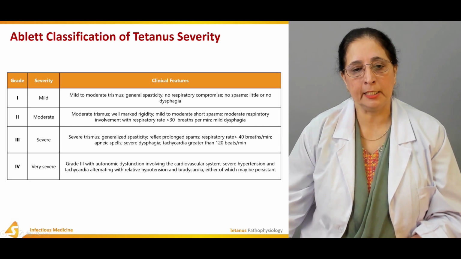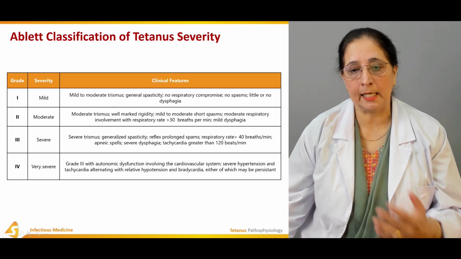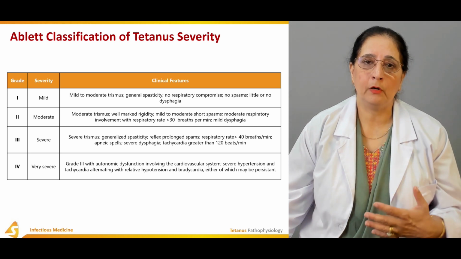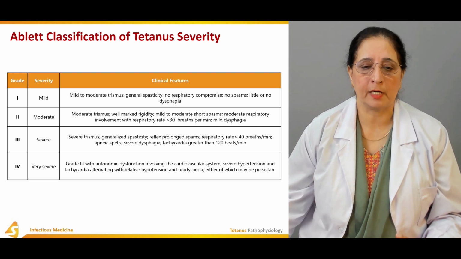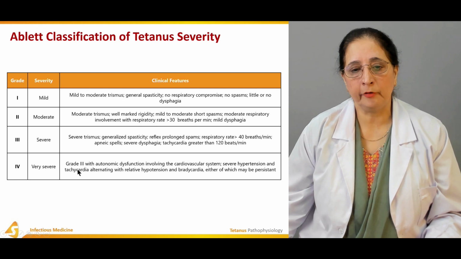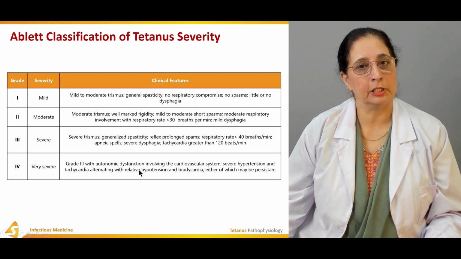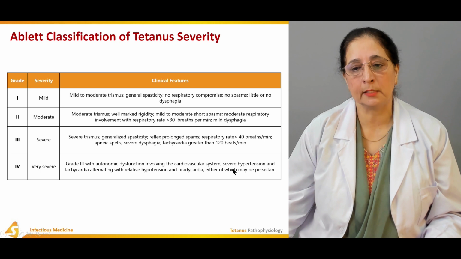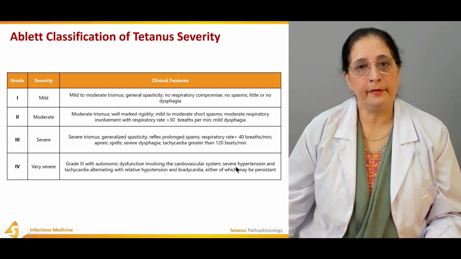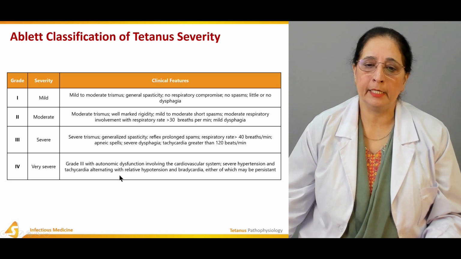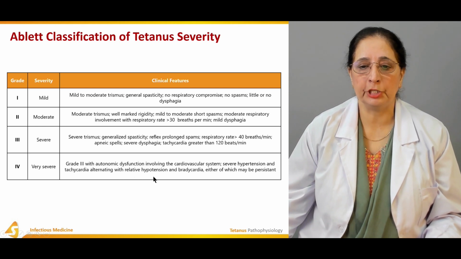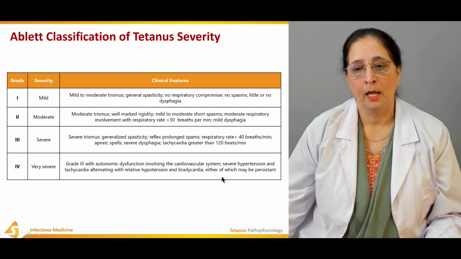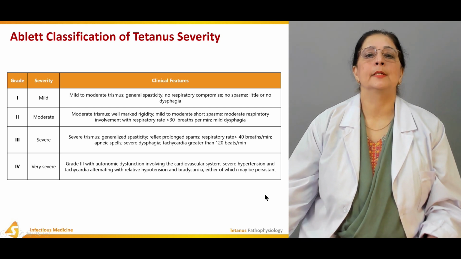The fourth stage is very severe, and the mortality rate is high because of respiratory distress and involvement of grade 3 features with autonomic dysfunction involving the cardiovascular system: severe hypertension and tachycardia, alternating with relative hypotension and bradycardia, either of which may be persistent.